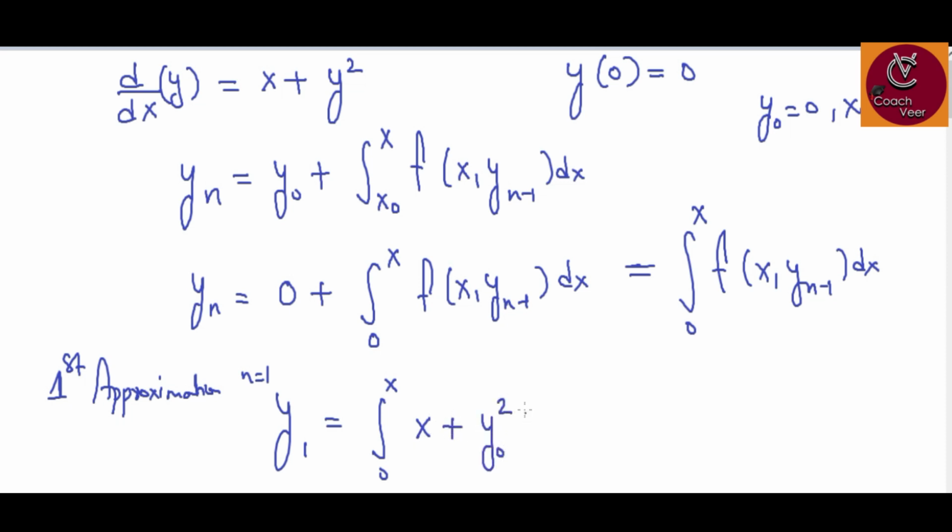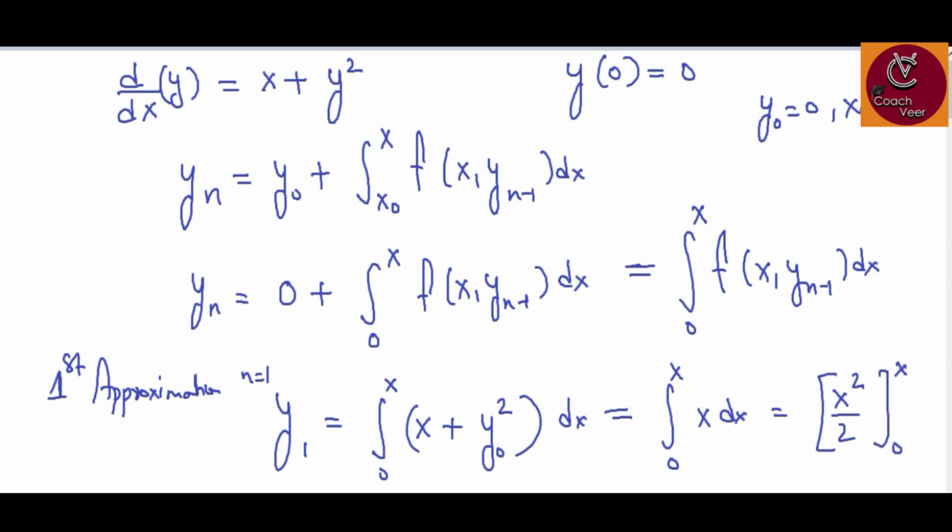You know y naught value is 0, so we can simply write 0. We get only x dx, and the integration of x is x square by 2 with the limit 0 to x. So y1 is going to be x square by 2. That is our first approximation for the function.